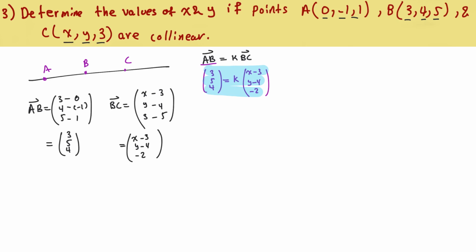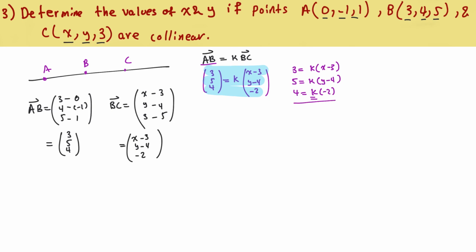For the x component, I have 3 equals k multiplied by x minus 3. For the y component, I have 5 equals k multiplied by y minus 4. And for the z component, the last one, I have 4 equals k multiplied by negative 2. Basically, for them to be collinear, k has to be the same value for all 3 cases.